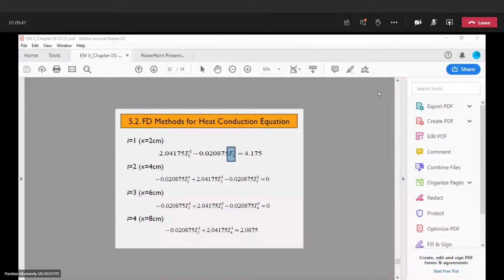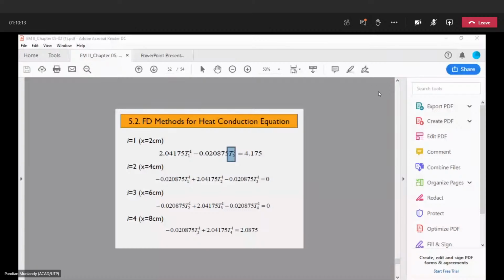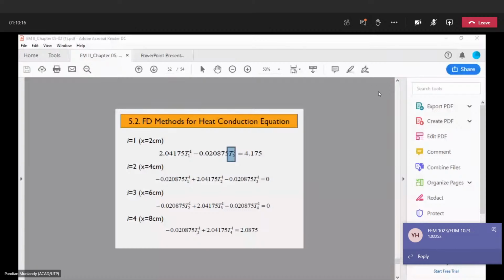Anyone? Yeah, answer please. 1.02241. Not yet. Calculate again, class. 2.0875 divided by 2.04175. Yao Kong: 1.02252.